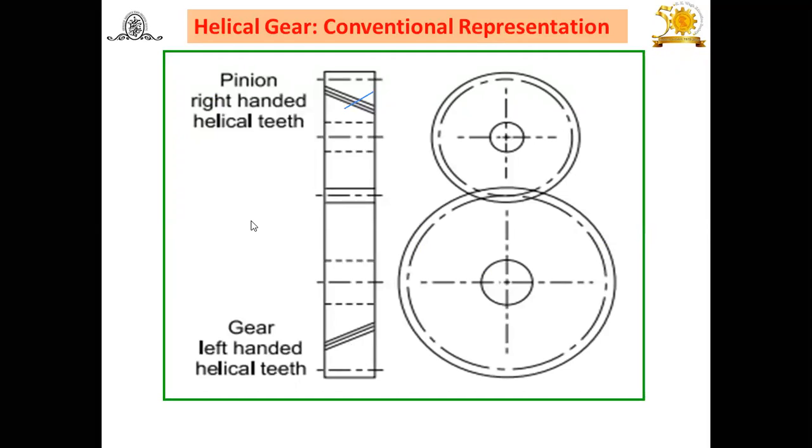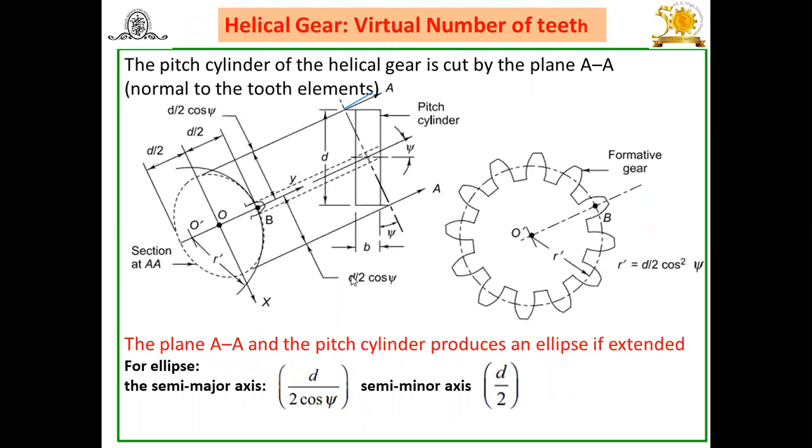What do you mean by right hand? The slope line going down towards the right, and the slope line going towards the left you can say is the left hand helical tooth. How to represent it? By constructing these slope lines, it will decide whether it is left or right on paper. Then virtual number of teeth. Why does virtual number of teeth play an important role?